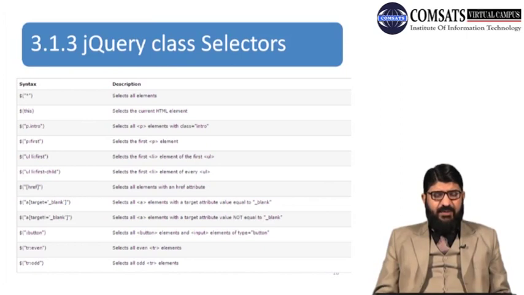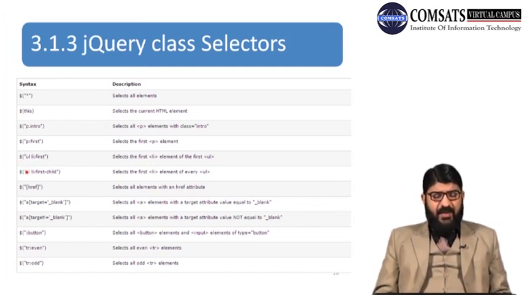It means select the paragraph element with the class intro. And then p:first is mentioned, which means select the first p element. And then ul li:first is mentioned, which means select the first list item element of the first unordered list.